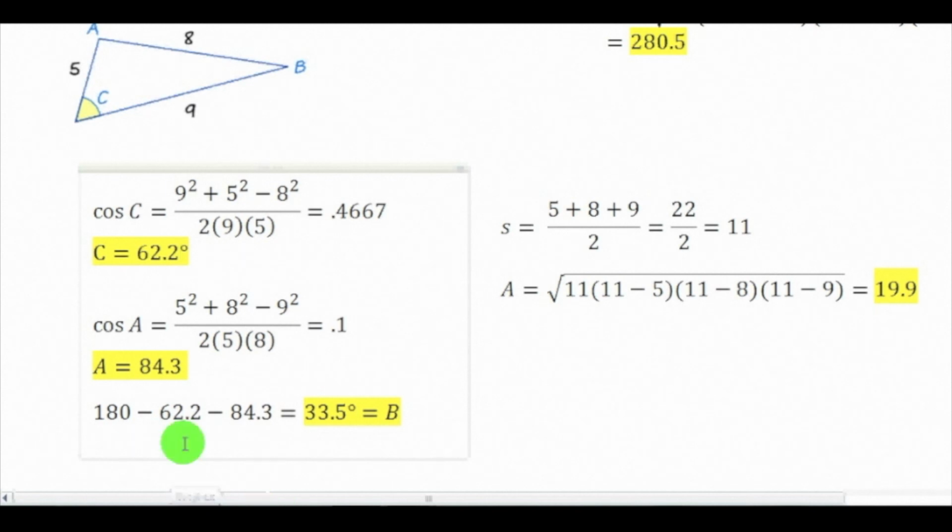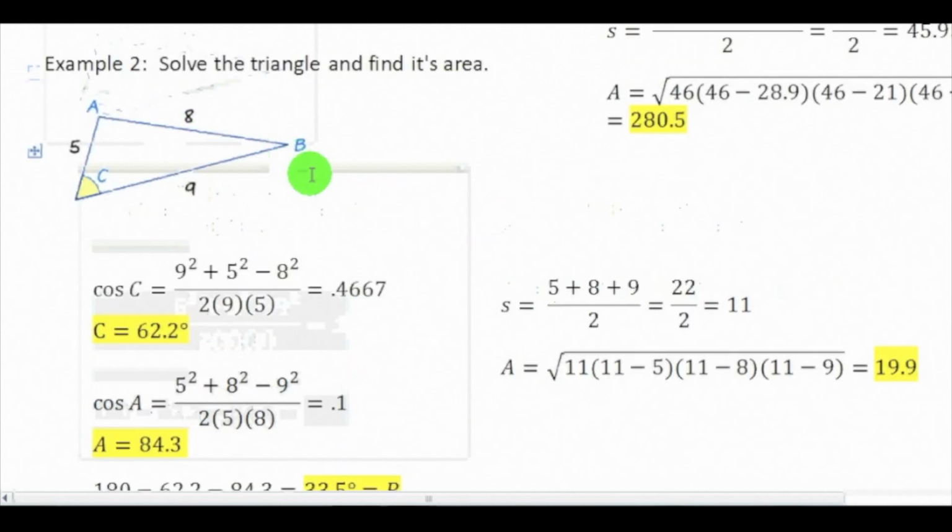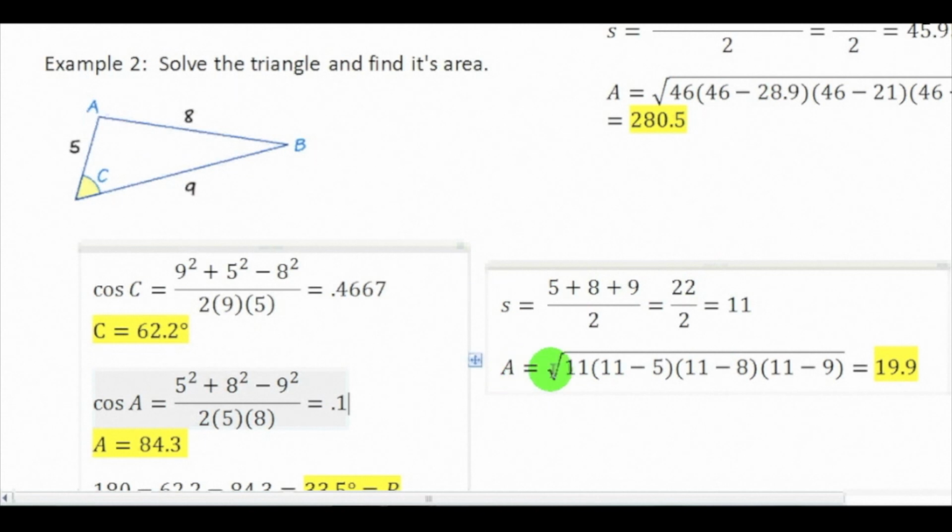C equals 62.2. A equals 84.3 degrees. Now, to find the third angle, of course, we add them all together and subtract from 180 to find that my last angle is 33.5 degrees. Going back to Heron's formula again, I do the same thing, and I get my area to be 19.9.